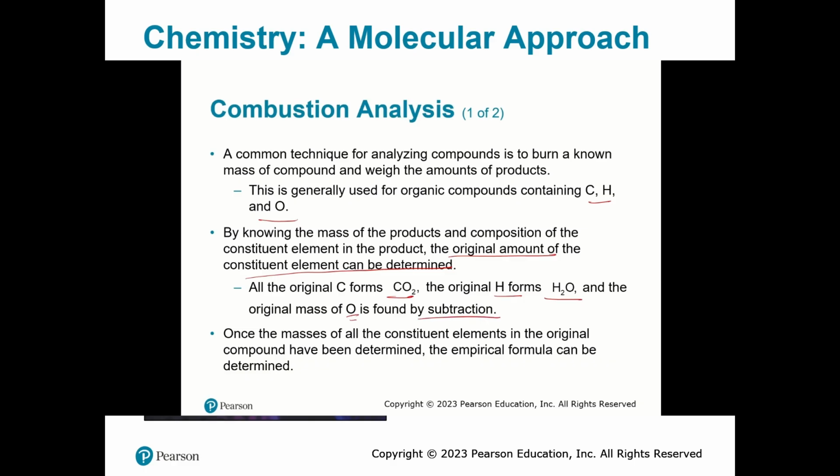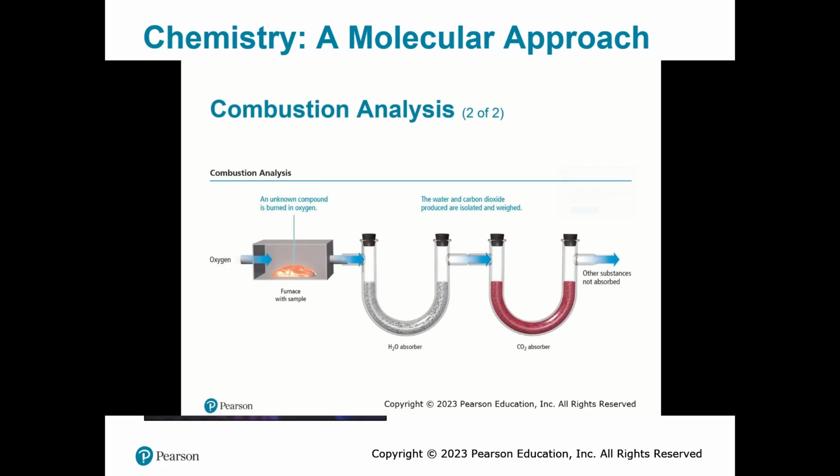So once the masses of all the constituent elements in the original compound have been determined, the empirical formula can be determined. So we have equipment where we burn the compound. The flow is going to pass over here. Here we have the water absorbed, so I will not have moisture over here. And then the water and carbon dioxide produced are isolated.